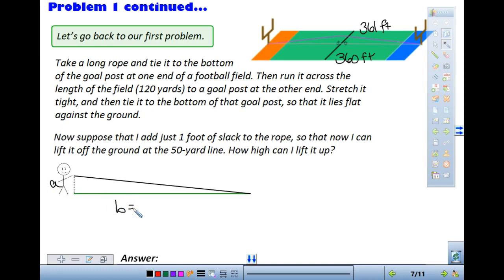If all the way across is 360, what's half of 360? 180 feet. Do we know what the hypotenuse is, the longest side that we're lifting up? It was 361 feet, so we're going to take half of that also, which is going to be 180.5 feet. Okay, so put that on your picture, please.